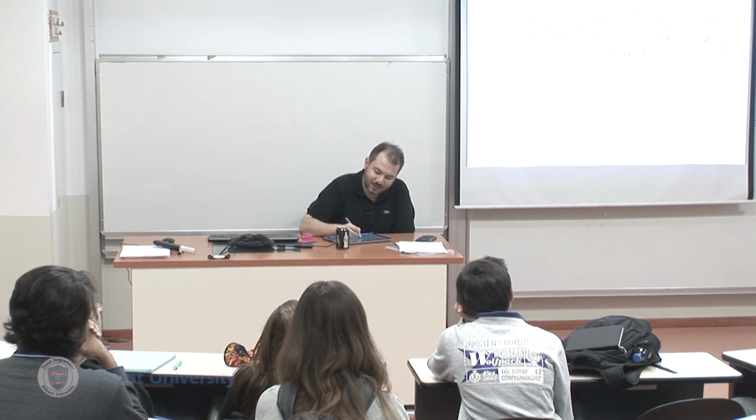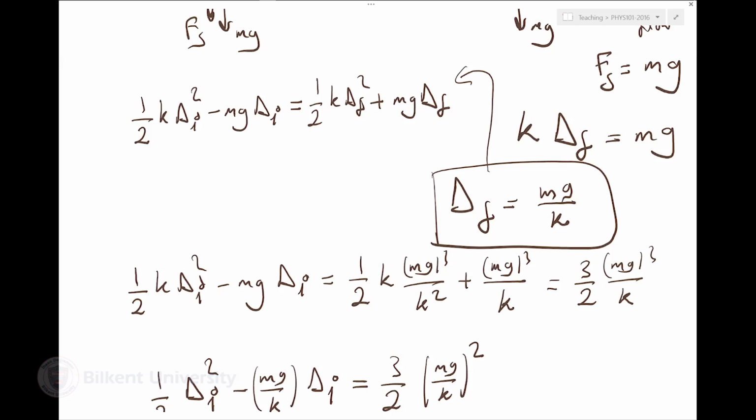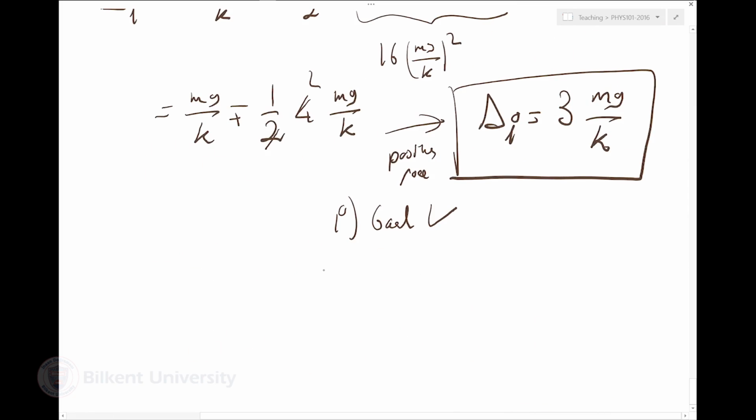Let's check. Did I reach my goal? Yes. How about units? What should be the unit of delta I? It should be meters. mg is kilogram meter per second square.